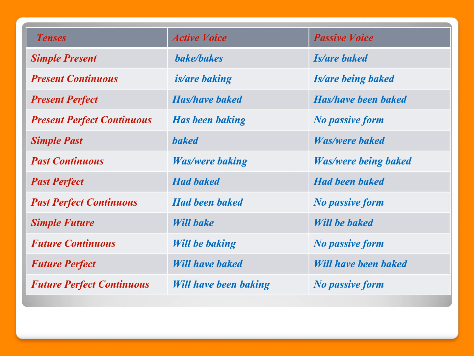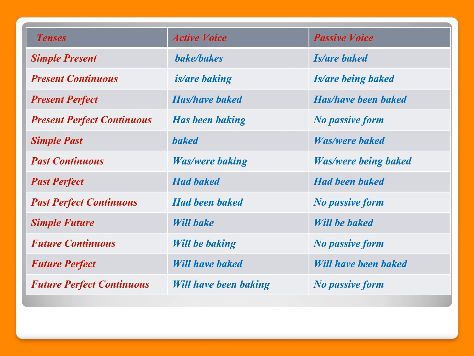There is another important table. We need to see how the tenses change when the sentences are transformed from active voice to passive voice. When the sentence is in simple present form, if the verb was bake or bakes, then a helping verb is added, is or are, depending on how many people there are, and the verb third form.